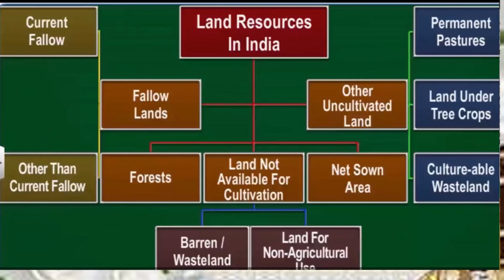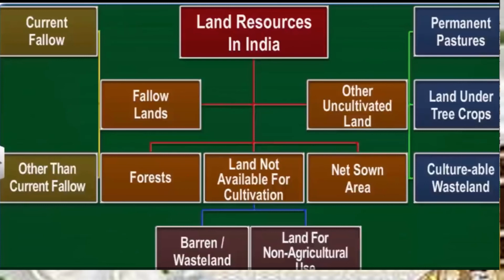First, let's have a look at fallow land. Fallow land is again divided into current fallow and other than current fallow. What do you mean by current fallow? Land that has not been cultivated for 1 or less than 1 year. Other than current fallow means land that remains uncultivated for 1 to 5 years.